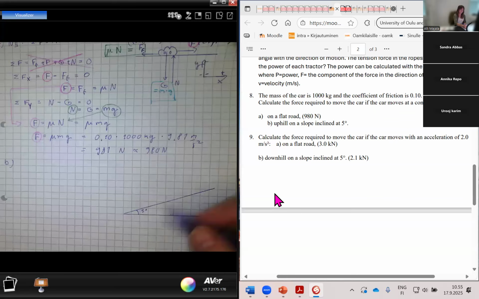This angle can be any, big or small. Well, usually it can't be really big. I don't know if you're driving up a really steep hill, you need quite a lot of force. So I have the car here.